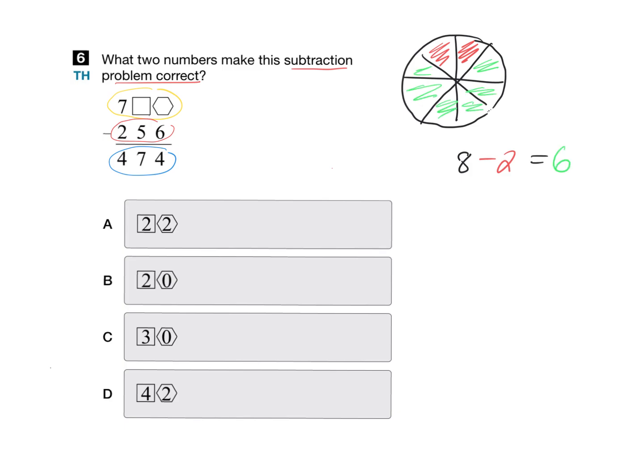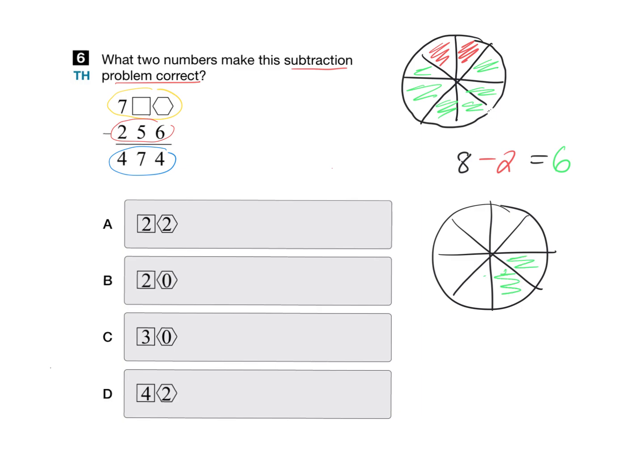6. What if I said to you, we're going to go backwards now. You have 1, 2, 3, 4, 5, 6 pieces. How many more pieces do I need to get the full pizza? I started with 8 pieces. How many more pieces do I need? 2. That would get me back to my original pizza.